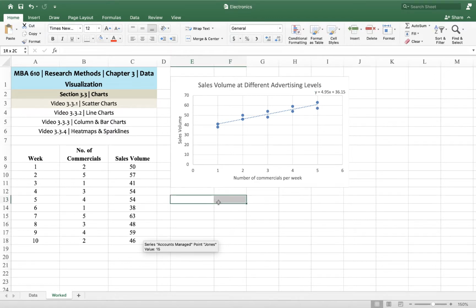I'm going to make this little table down here, and I'm going to call it sales projections. We're basically using this line of best fit put through existing data to forecast what sales would be if we were to show 6 commercials. So I'm going to add a few cells: number of commercials, the slope and the intercept, and then projected sales.